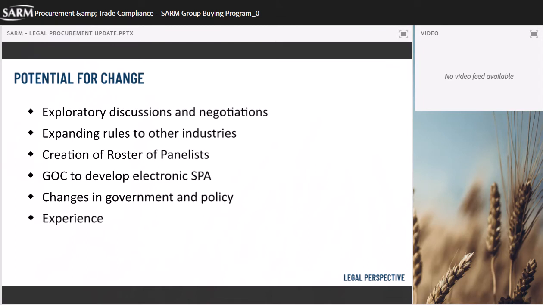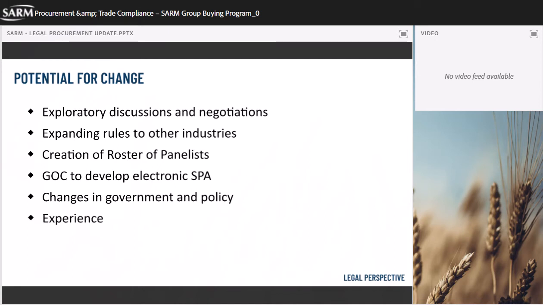The roster of panelists refers to enforcement, and that's something that we're seeing slowly being established. Right now, for enforcement, most provinces are continuing to use the rules under the former Agreement on Internal Trade, so there's absolutely going to be changes there.